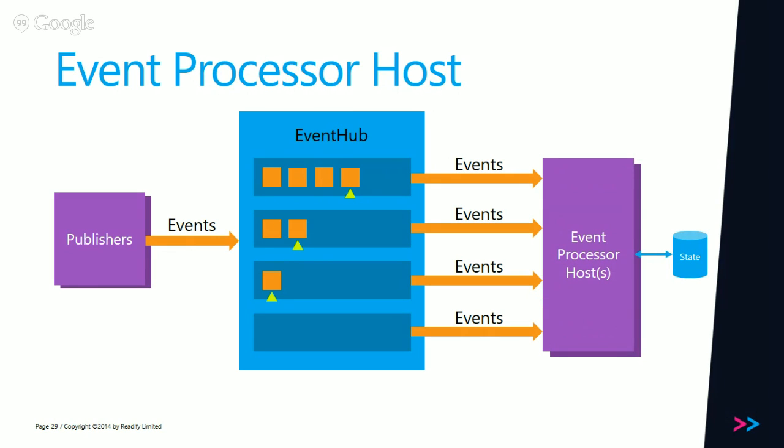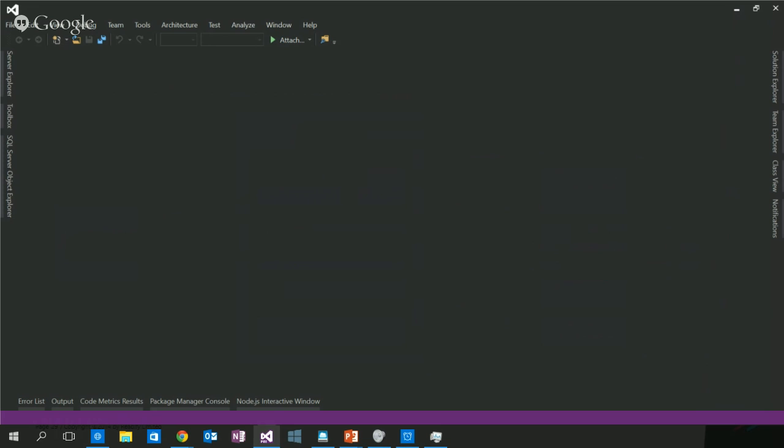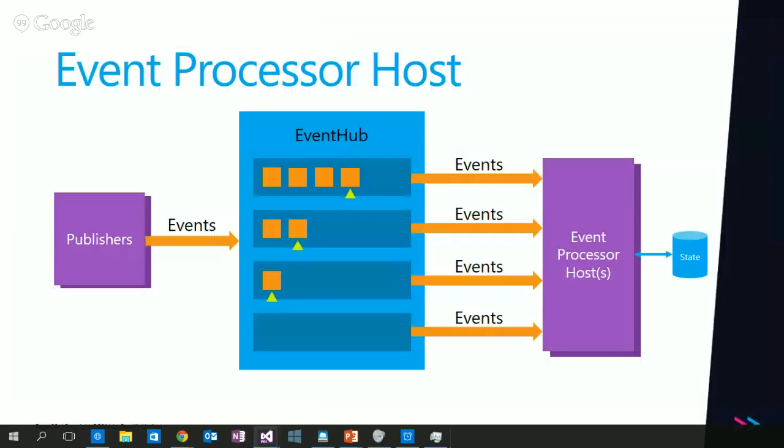With an event processor host, a helper library that Microsoft has provided, you create a single event processor host, and it manages instances of event processor, which then feed off multiple partitions in the Event Hub.